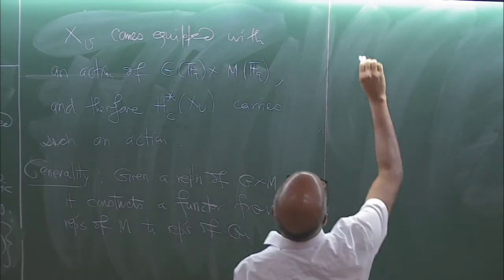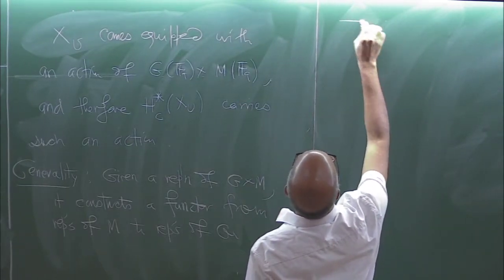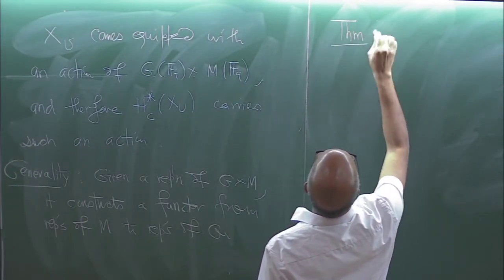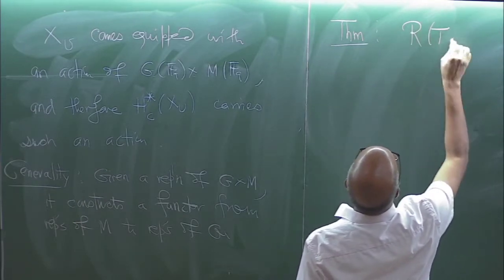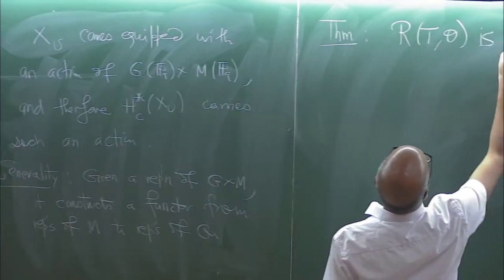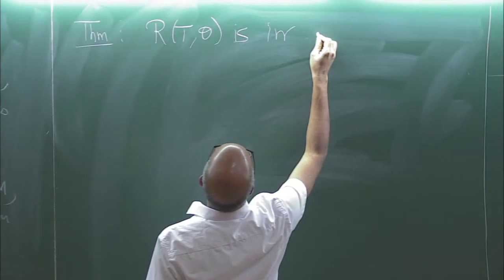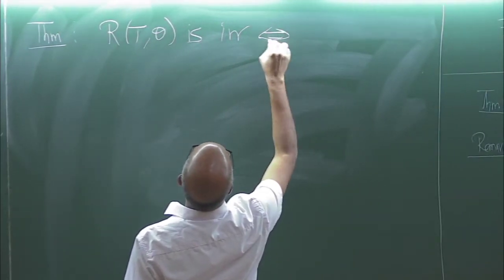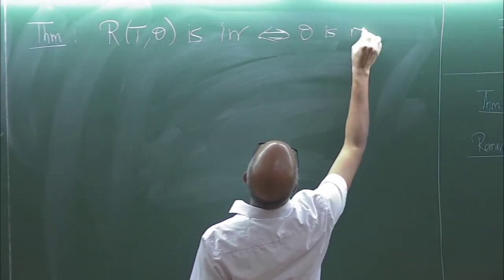Okay, so D theta is irreducible if and only if theta is regular.